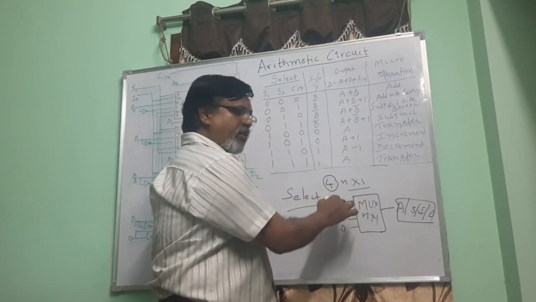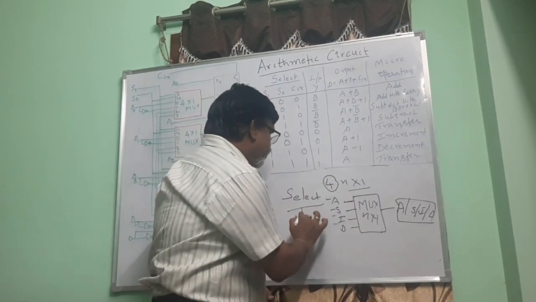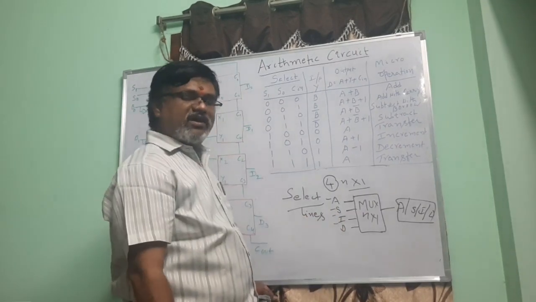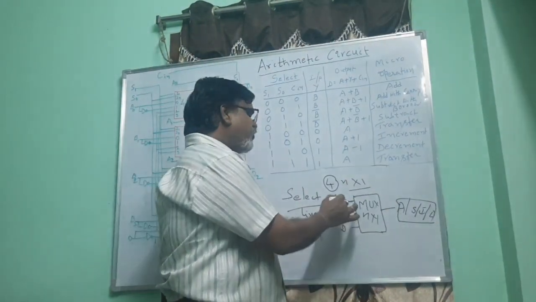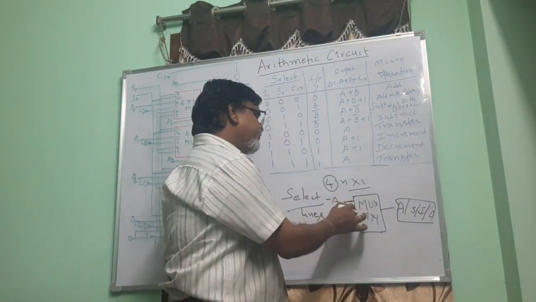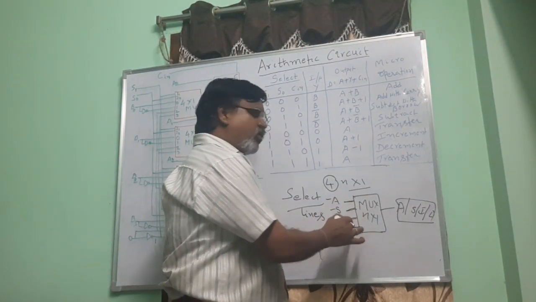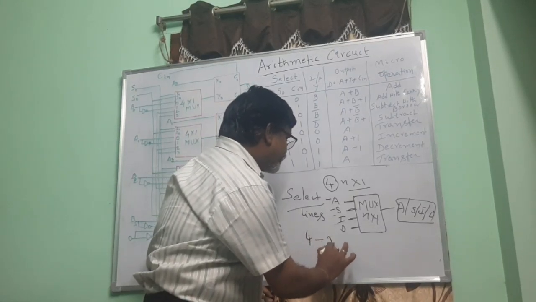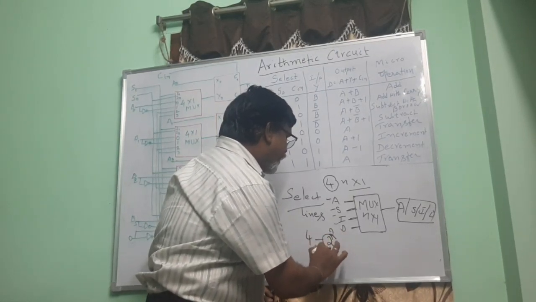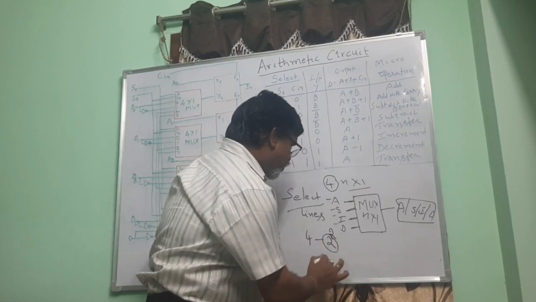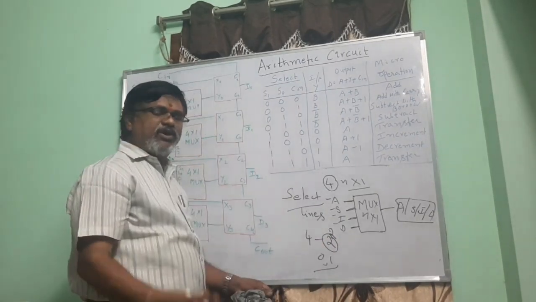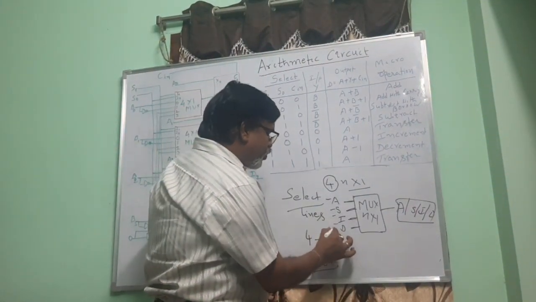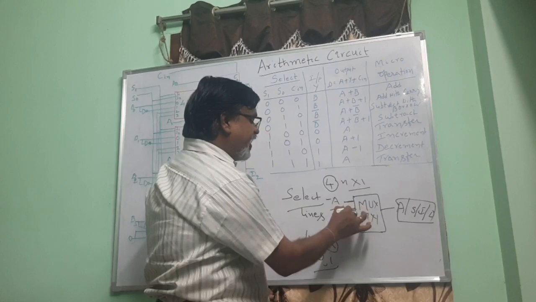Any one of these among 4, we need to use certain select lines. But how many select lines do we need for 4 combinations? So 4 can be written as 2 power 2. Why 2 power 2? Because 0 and 1 are our binary digits, 2 possible inputs are there.